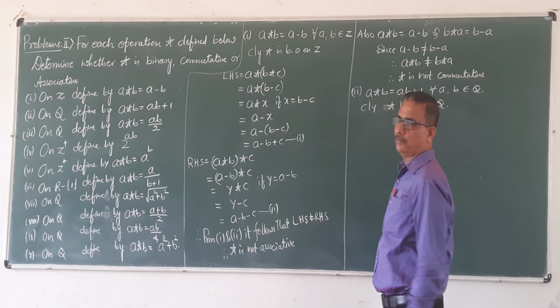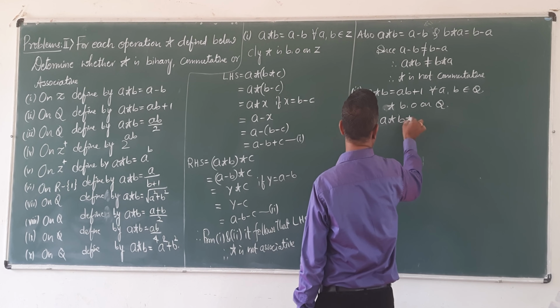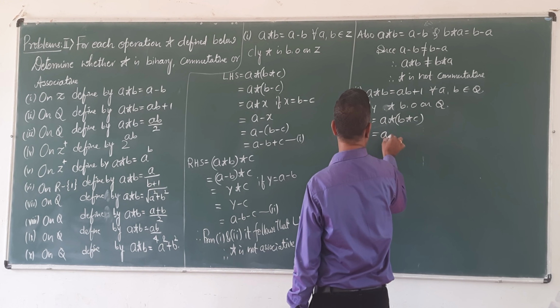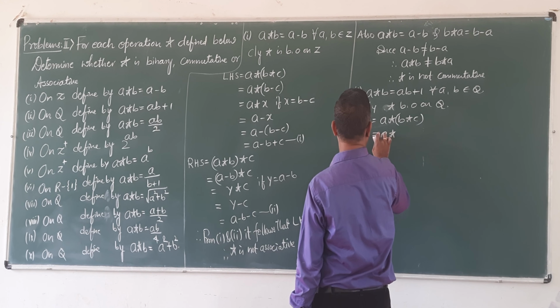Take the LHS: a star (b star c) is equal to a star, and since a star b is given as ab plus 1, instead of a and b, what is b star c? bc plus 1. Right? That is equal to a star (bc plus 1). Put bc plus 1 equal to x, where x is equal to bc plus 1.